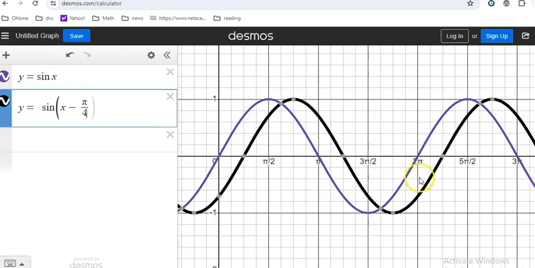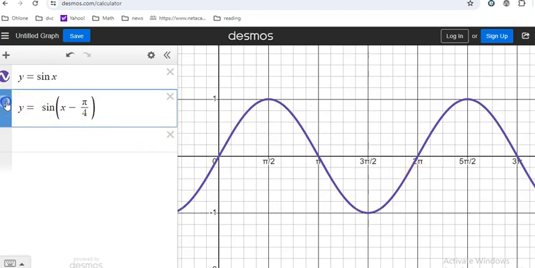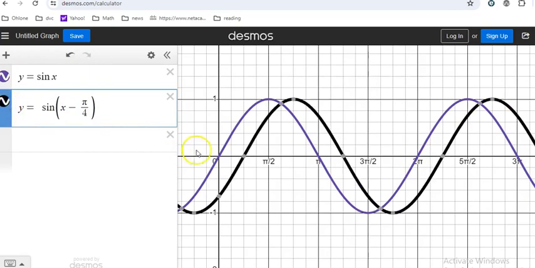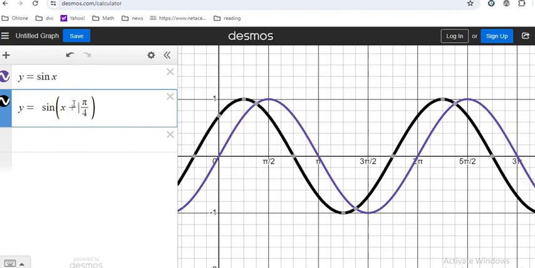It goes from the x-intercept, up, down, back to the x-intercept, so the period is 2 pi. But if you subtract something, it's going to move to the right, by pi over 4. If I add, it will move to the left by pi over 4.